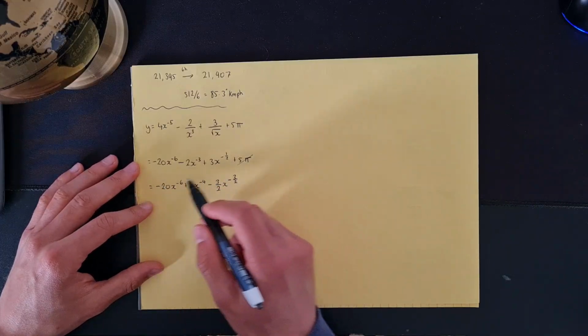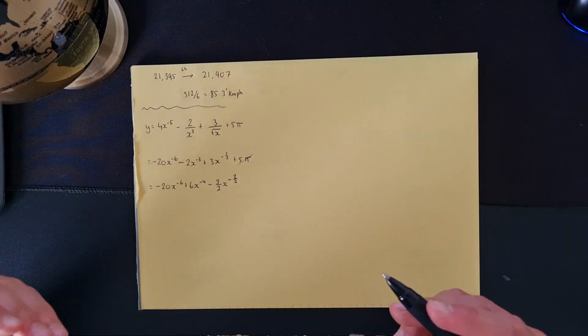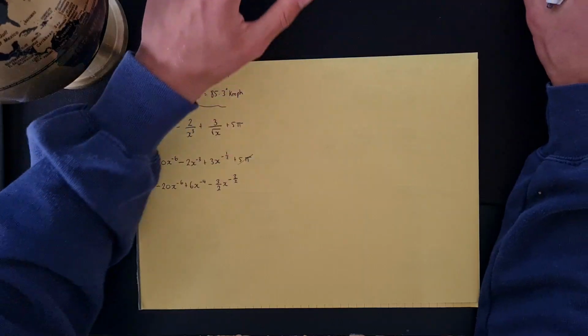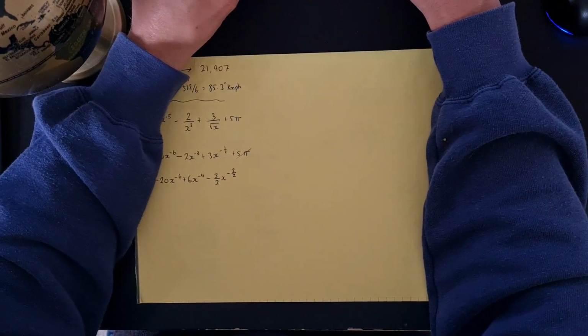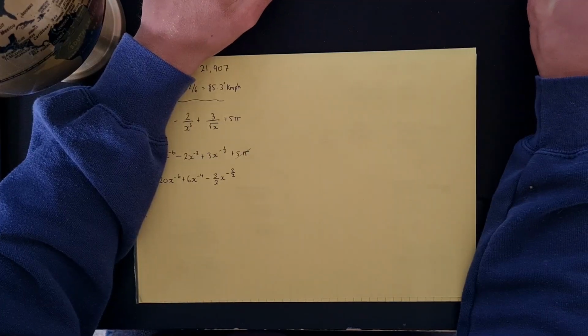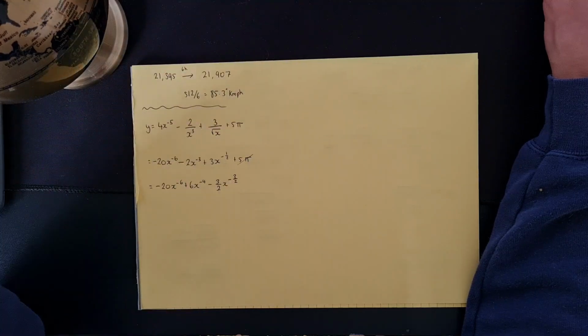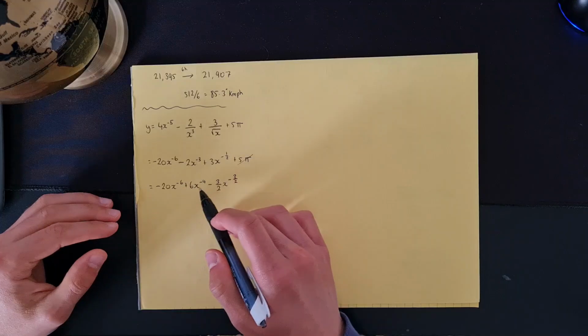So this here is going to be our differentiated answer to this function. If I go ahead and write that, it's going to be negative 20x to the power of, we'll just leave it like that.